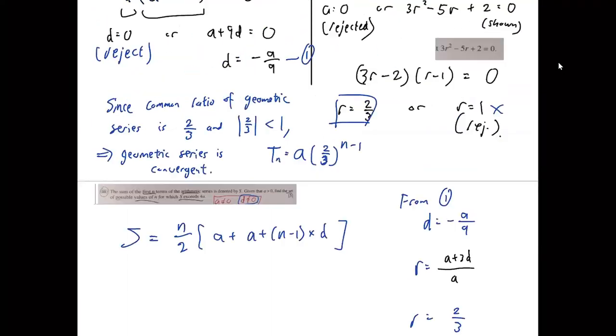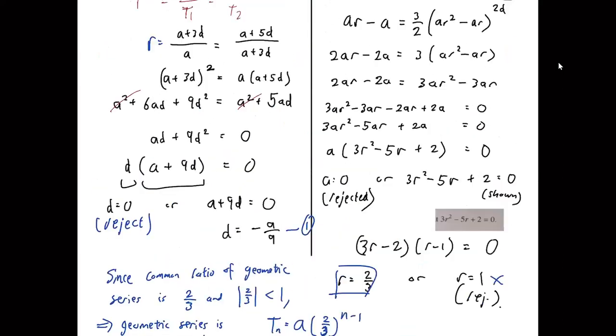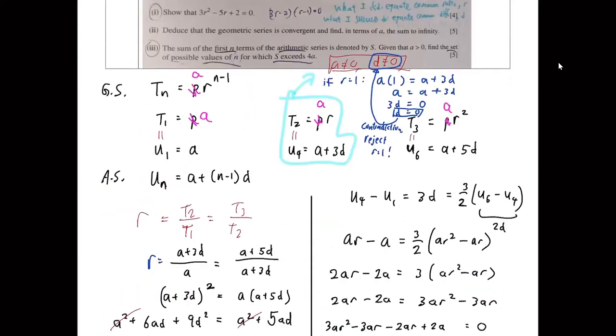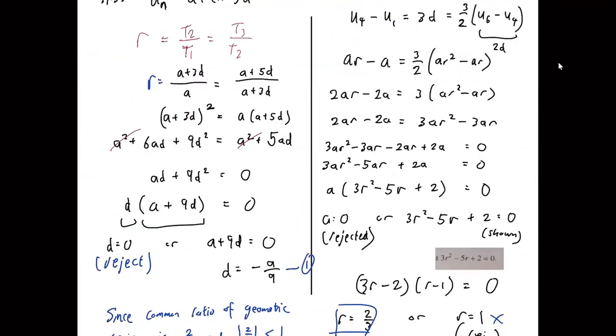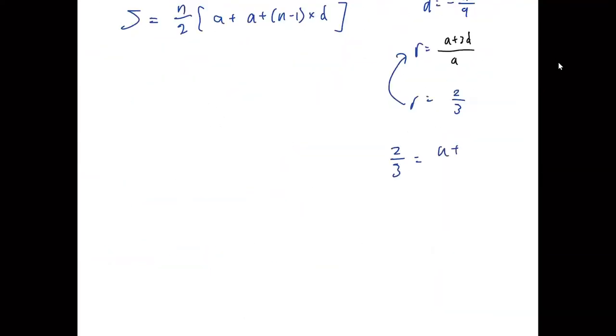So just substitute the R in, then we get 2/3 equals A plus 3D over A. Then cross multiply, we get 2A equals 3A plus 9D. Simplify, cancel off 2A on both sides, we get 0 equals A plus 9D.